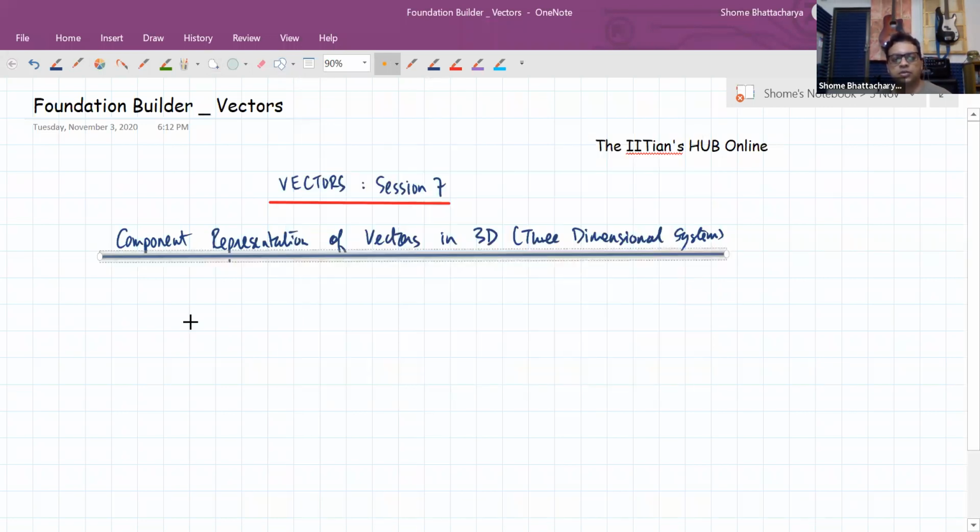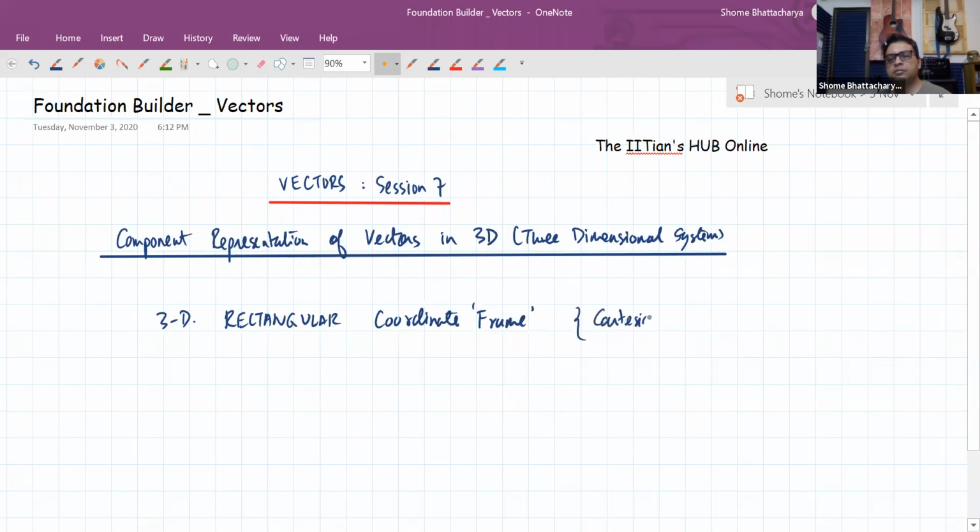So first of all, let us talk about a 3-dimensional rectangular coordinate frame. Or this is also sometimes called the Cartesian coordinate system.